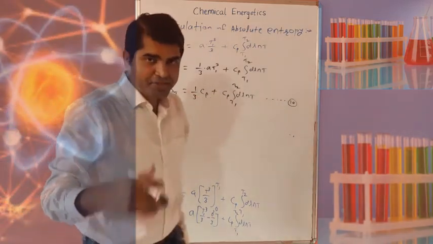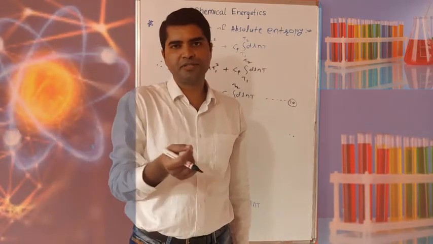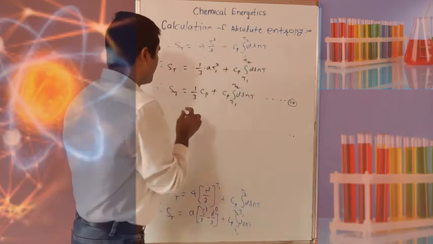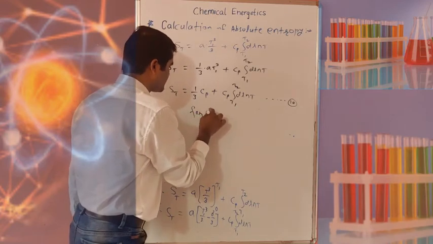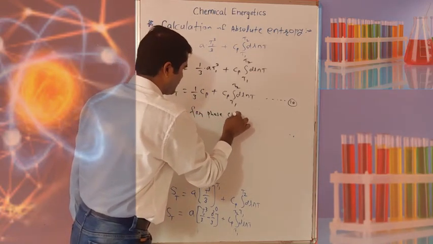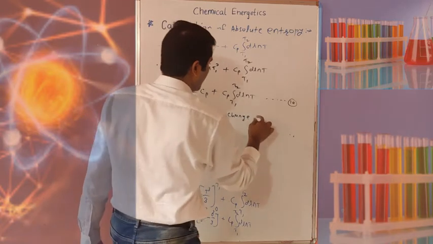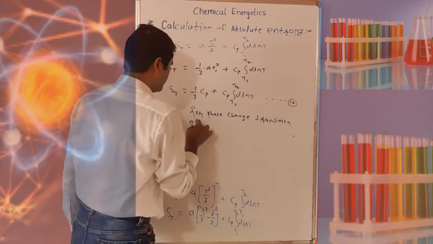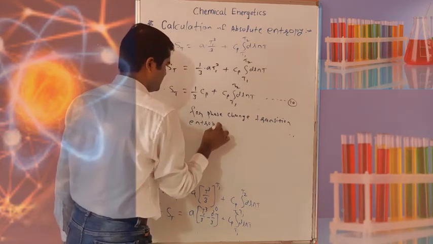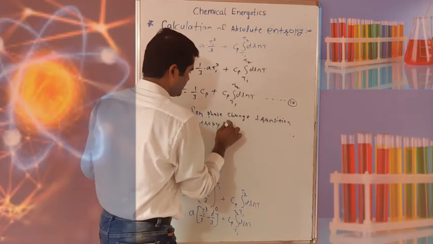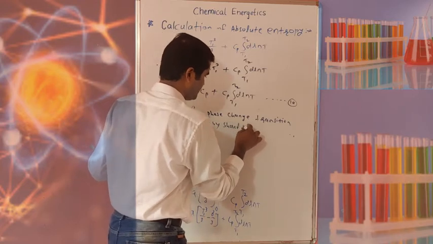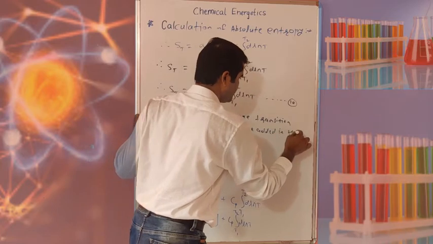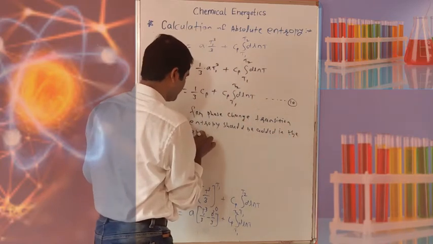But if phase change is there, then some transition temperature is also there, and that transition entropy should also be added for phase change in the absolute entropy.